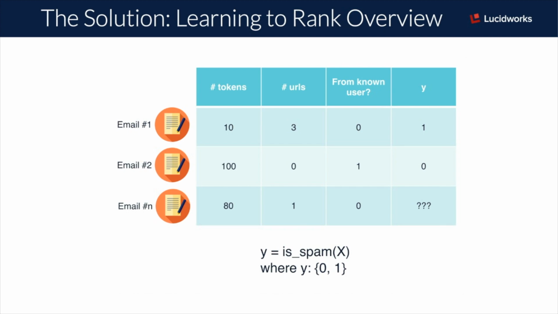Interesting features that could provide clues as to how spammy an email might be are the kinds of words it contains, or perhaps the number of URLs it contains, or whether or not the email is from a known user. So machine learning is used to learn a function is_spam, which is trained using existing emails in order to generate predictions for new emails with a high degree of accuracy.